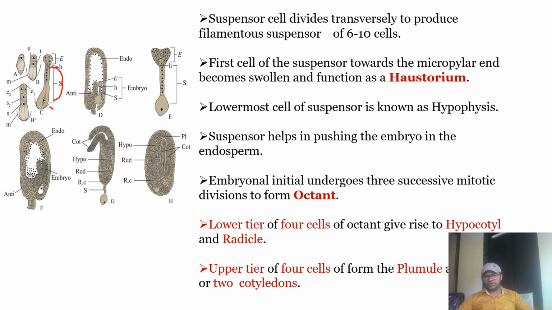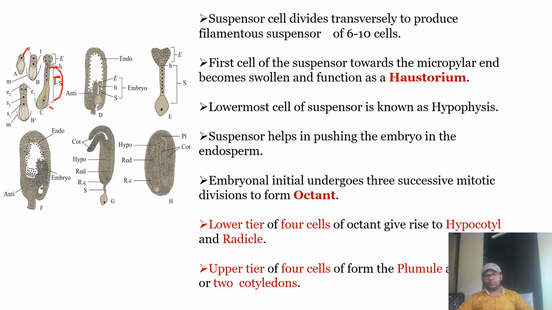So it pushes like this from this direction. Now the embryonal initial, which is present here, further divides by 3 successive mitotic divisions and results in formation of 8 cells, and the structure is called an octant, as there are 8 cells like this. Here you can see 4, again it will undergo mitotic division to form the octant.